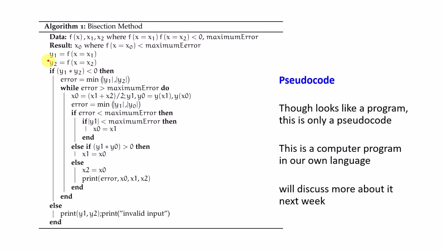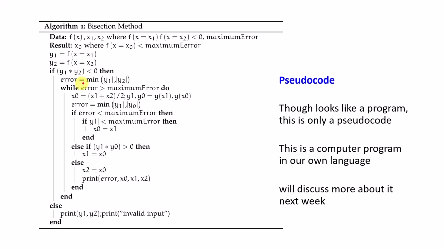So here you can see that I get this y1 and y2 at this x1 and x2, and as long as this product is less than 0, I'll go through this calculation. If it is not less than 0, I'll simply print that we have invalid input and exit the program.